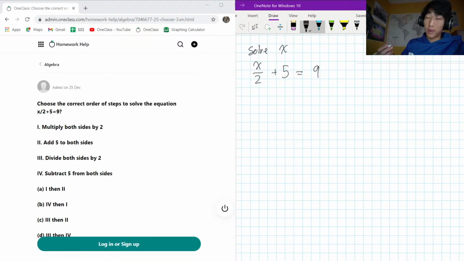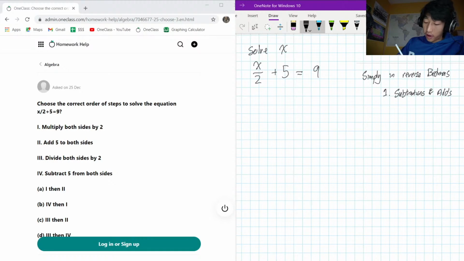So the first thing that we want to do is, when we do simplifications like this, simplify in reverse BEDMAS. Okay, by reverse BEDMAS, I mean you want to do subtractions and adds.